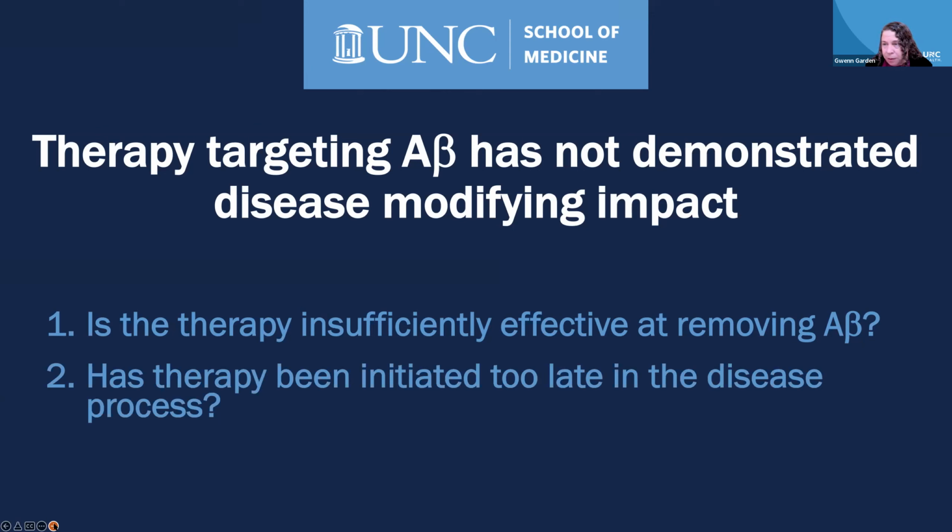It has been posited by many that one of the reasons these trials have not shown efficacy is because they're initiated too late in the disease. That by the time people are symptomatic and can be enrolled in a trial, too much damage has already occurred.